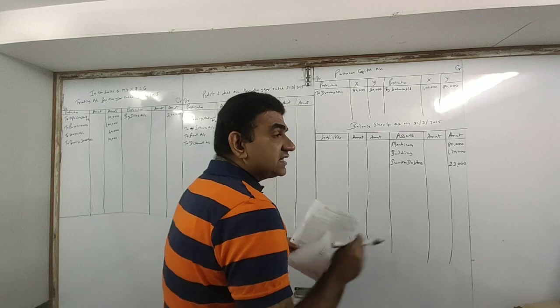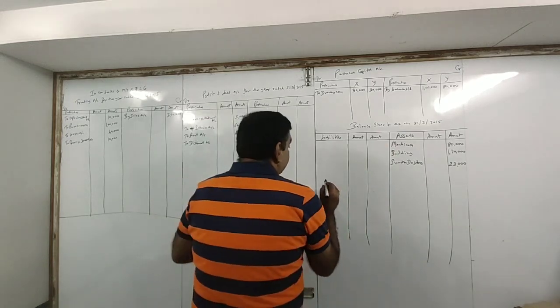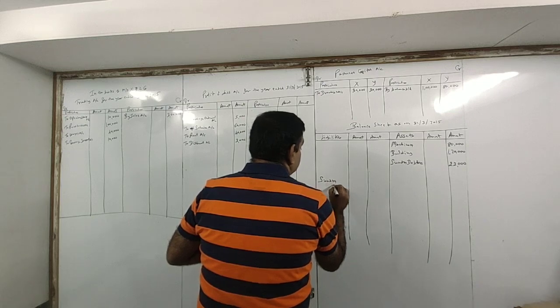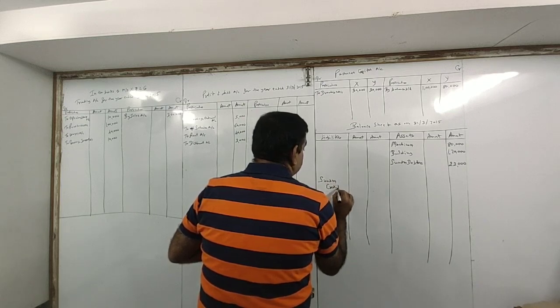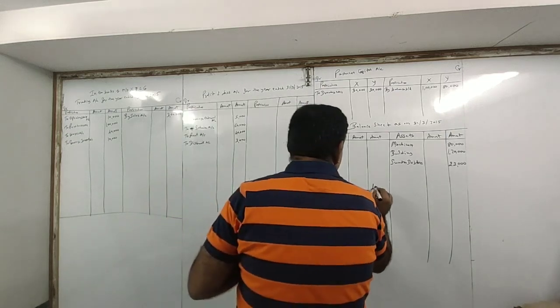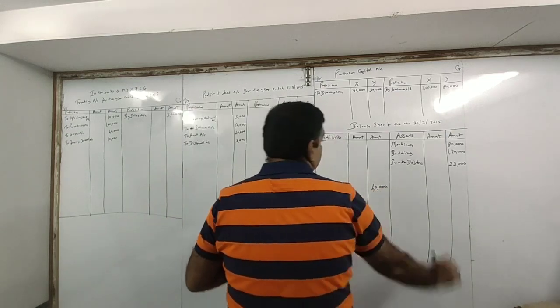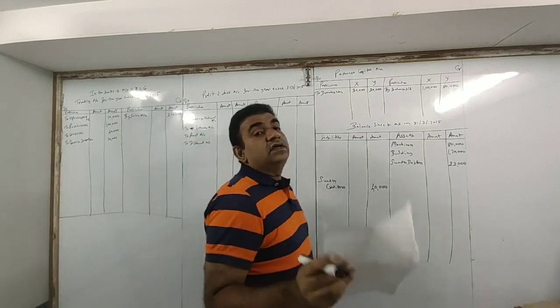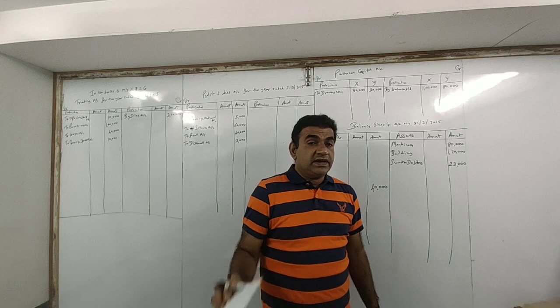So leave around 5 lines on the liability side, and after leaving 5 lines, write there. Sundry creditors, straight away outside, 40,000.